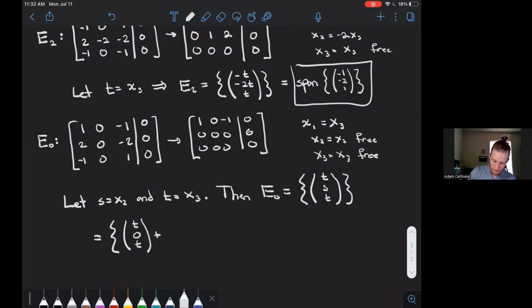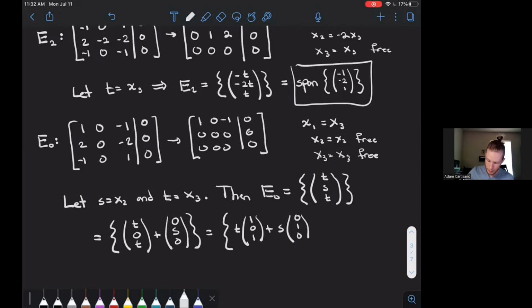plus 0, s, 0. And if you want to write that as linear combinations, this is going to be t times the vector 1, 0, 1 plus s times the vector 0, 1, 0. Since s and t are free real variables, this is literally the set of linear combinations of 1, 0, 1 and 0, 1, 0.